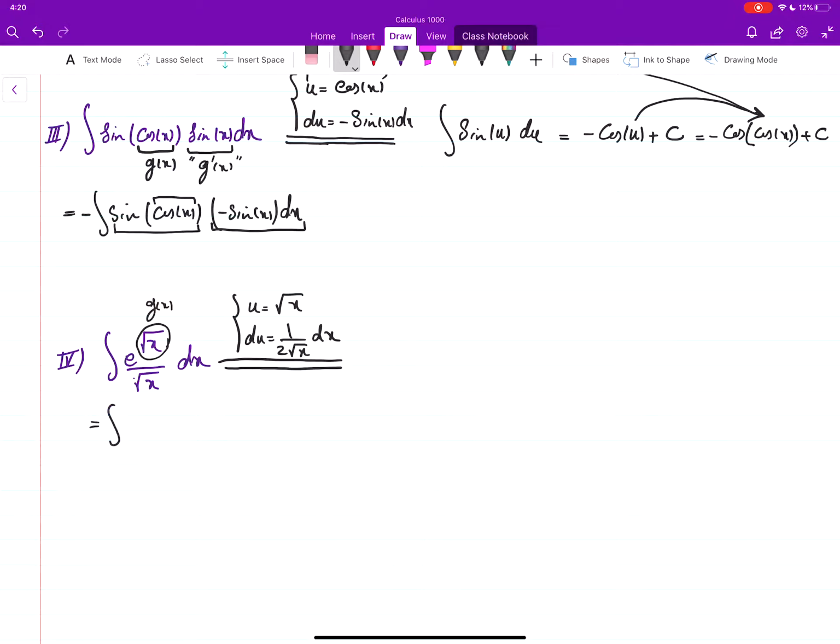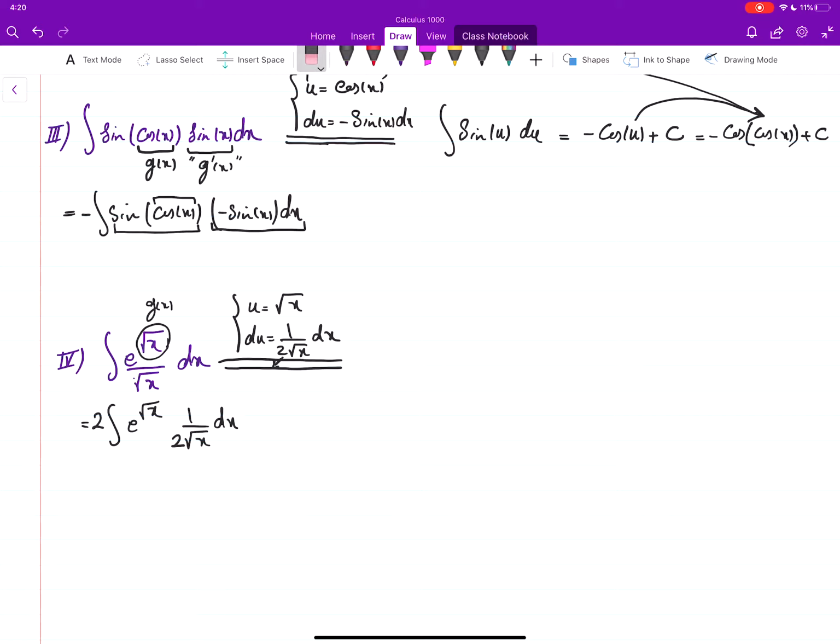You see this guy is e to the power root x, 1 over root x dx. Well, we are missing a 2 here. Since 2 is constant, I can put it in the denominator and, well, multiply the whole integral by 2, just to make sure that we have the correct, equal integral.